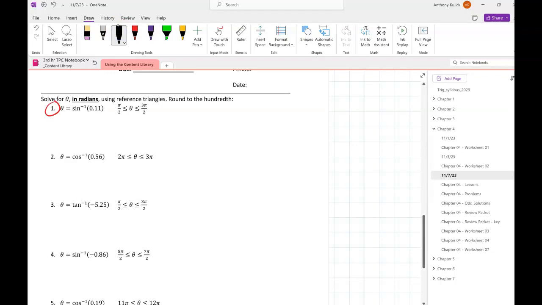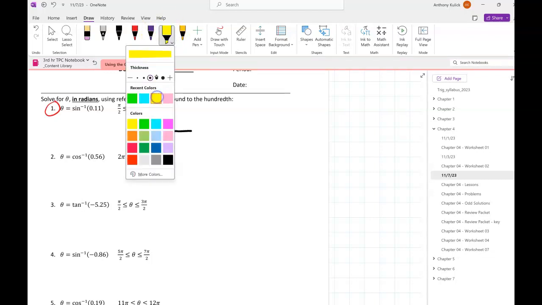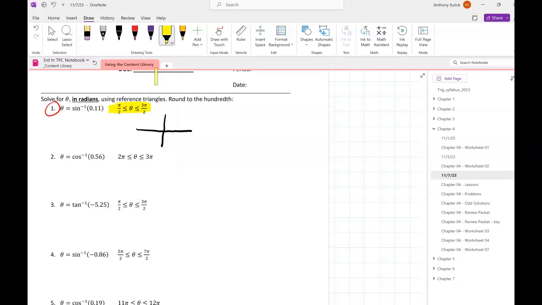So to do these problems, I need to start by drawing a picture. So I'm going to draw myself an XY axis. And I'm going to figure out where my answer needs to be by looking at the interval that's covered. So it needs to be between pi over 2 and 3 pi over 2. So I'm just going to start at 0.